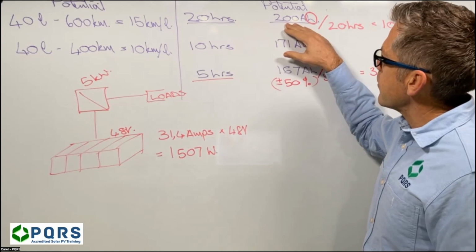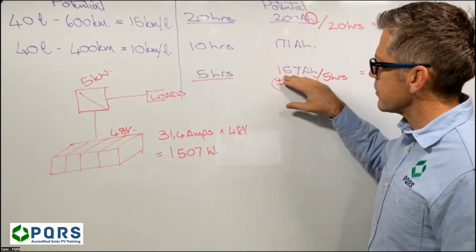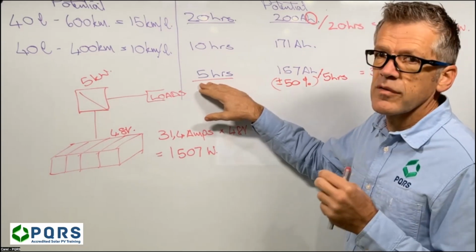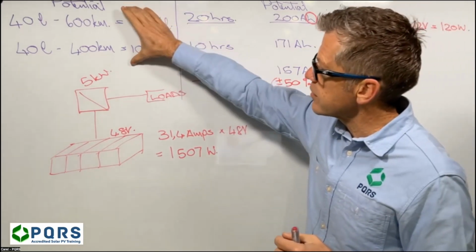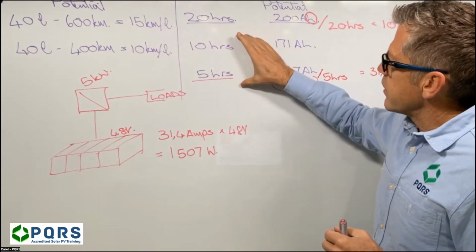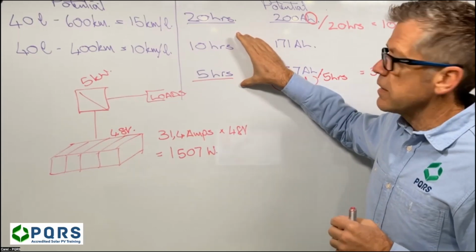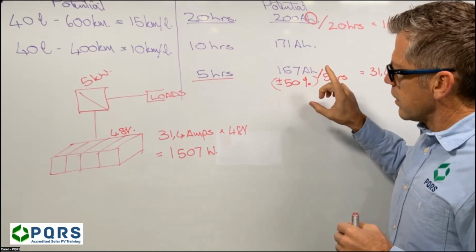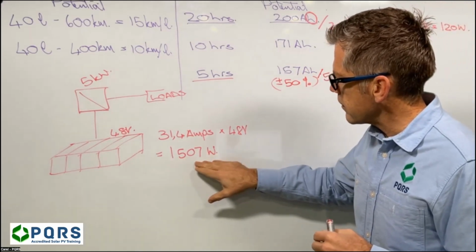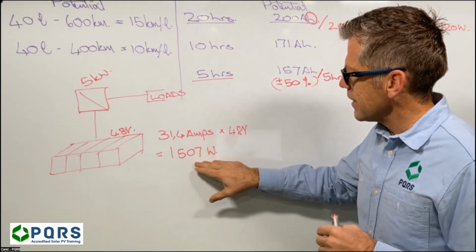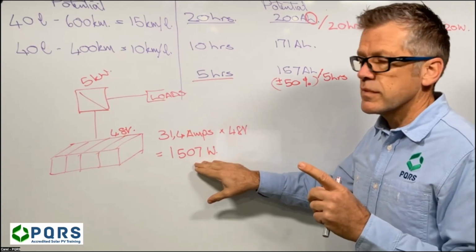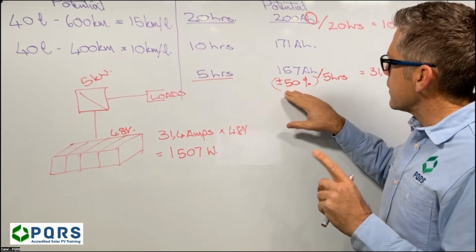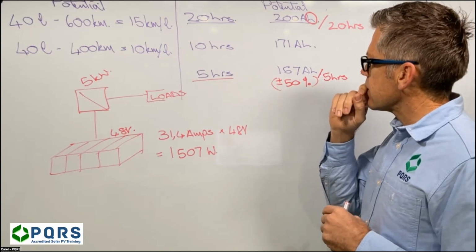A 200 amp hour battery becomes a 157 amp hour battery if we discharge it over a shorter period of time. So same scenario we had there, but in this case, only with lead acid batteries. So 1.5 kW is the maximum rate of discharge, and then we'll only have 2 hours of power.